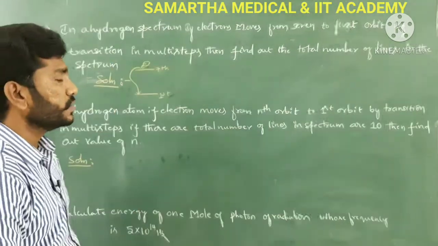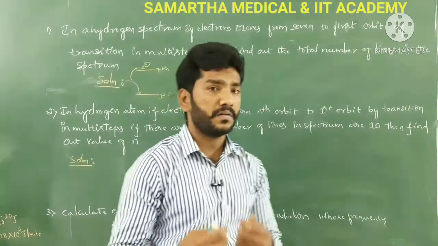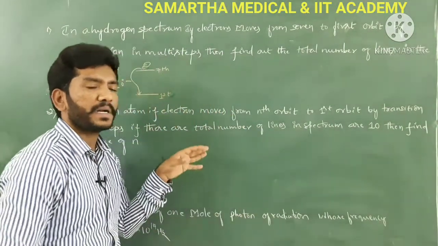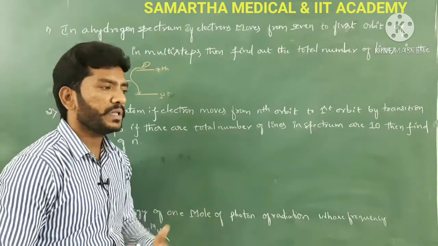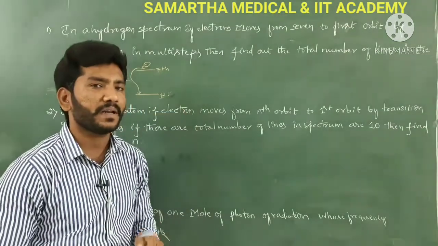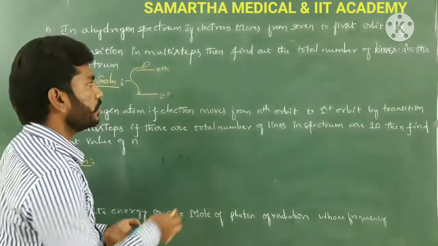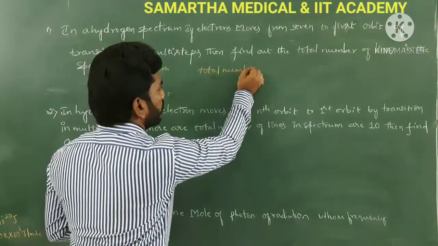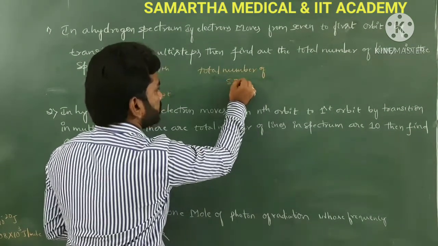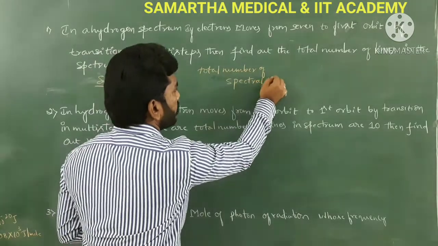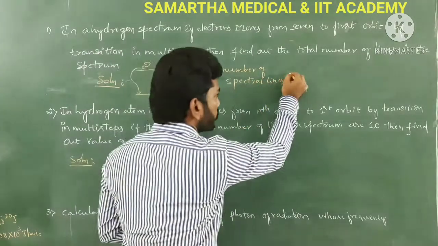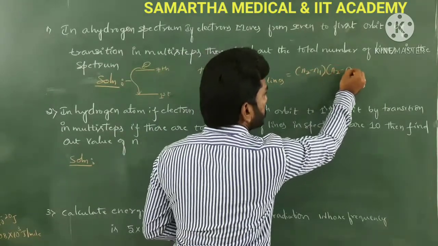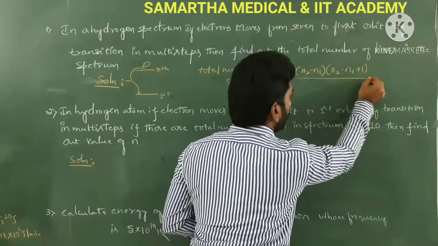We'll solve that. By the way, we actually know a particular formula for the total number of spectral lines. In order to calculate the total number of spectral lines, we have one certain formula. That formula is: total number of spectral lines equals N2 minus N1 into N2 minus N1 plus 1, divided by 2.